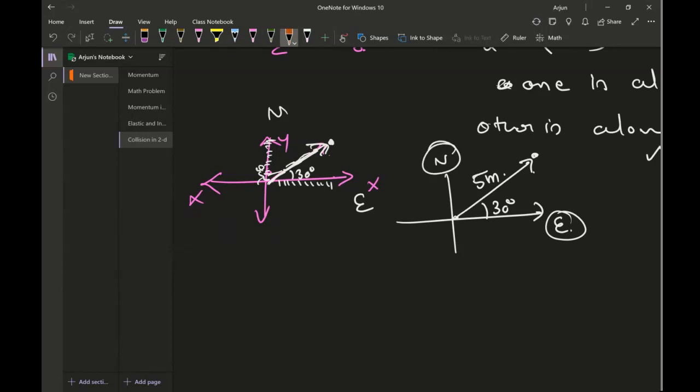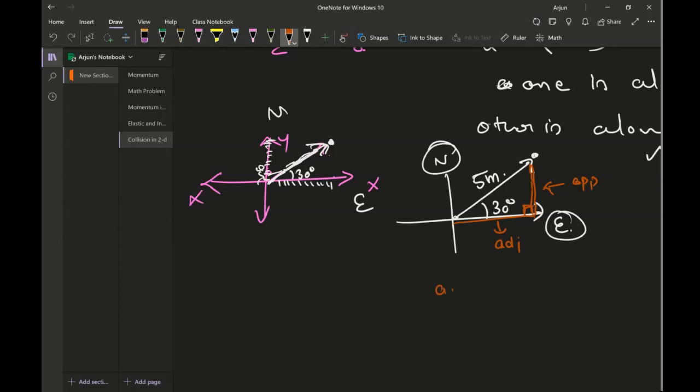I'll find the components of this vector by placing a right angle triangle here. This component will be opposite, and this will be adjacent.